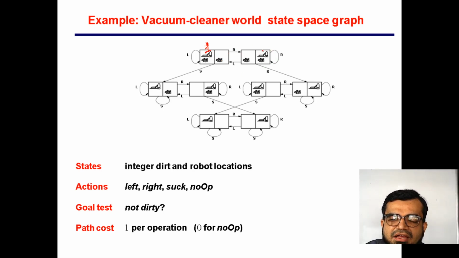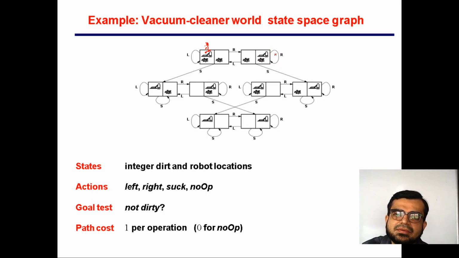What is the next state? The next state is where the robot is in the other location, because you performed the right operation, and the robot goes towards this location. If you perform right again, because now there is no further location available, it acts as a self loop.